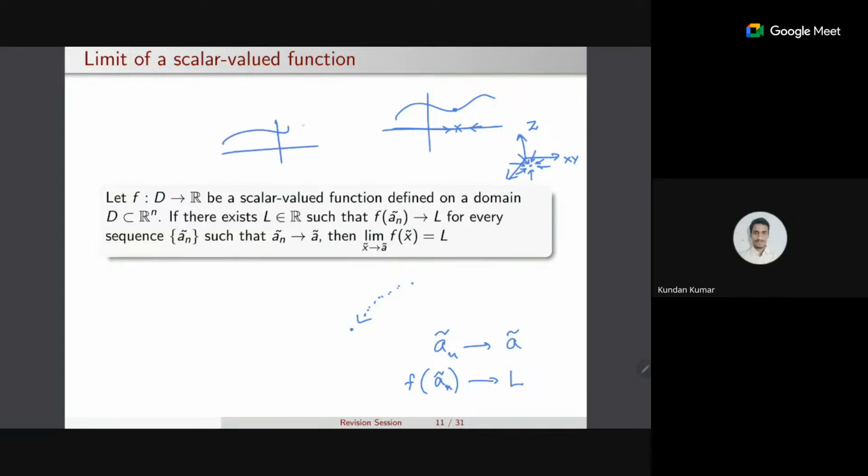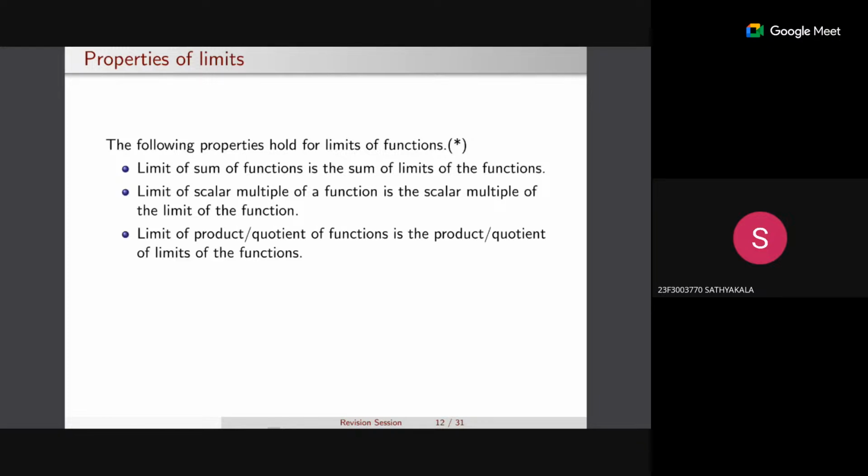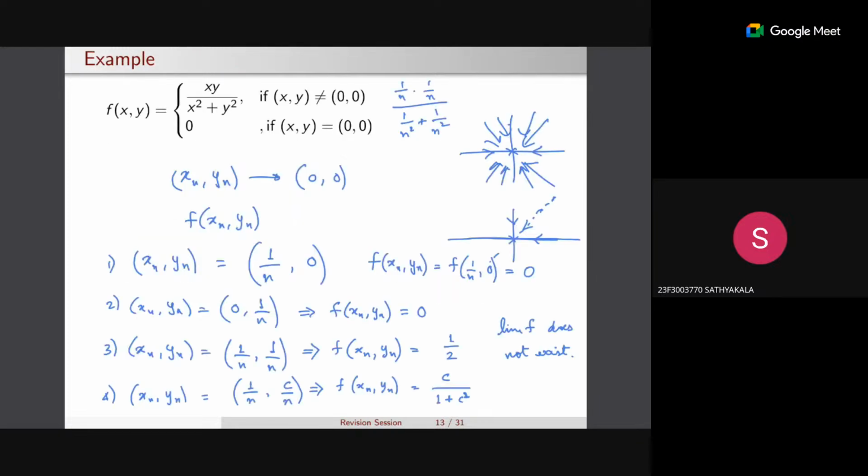When you have something like this, a jump at some point, or if your left hand limit is not equal to right hand limit, then you say that it is discontinuous. So, for multivariable functions, what happens is this happens in possibly many directions.